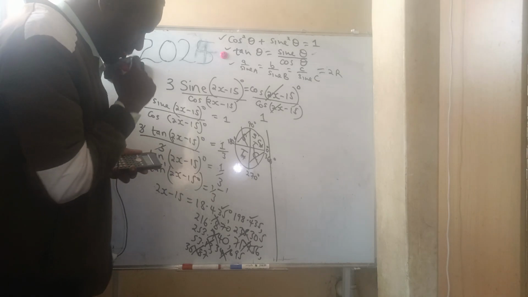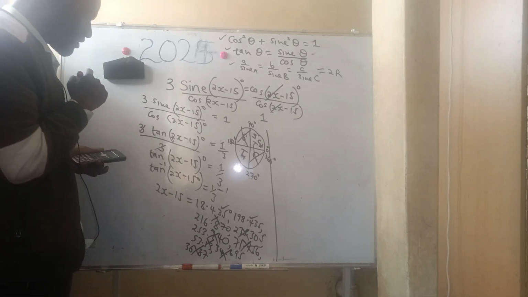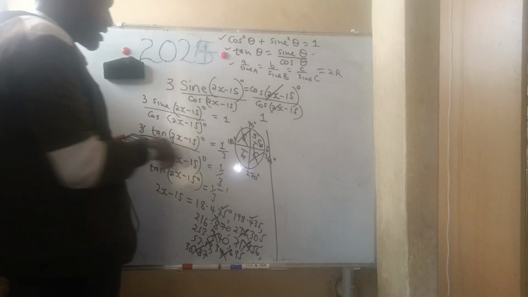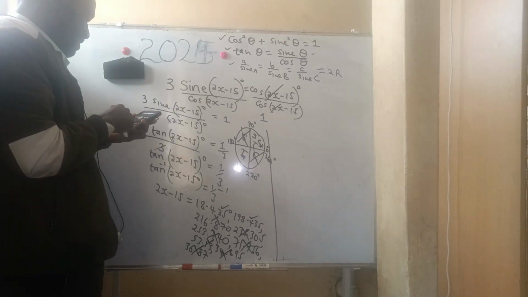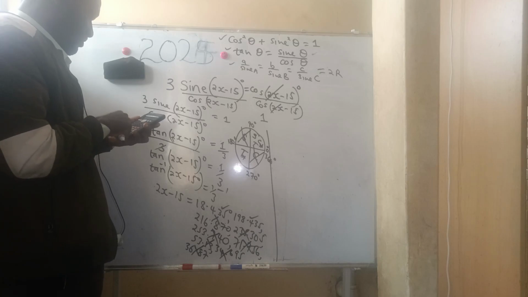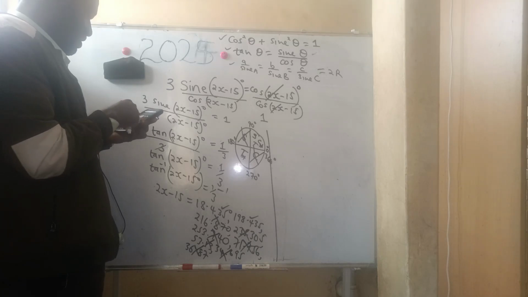So we have a possibility of getting two very important values in our case here, and of course we can even just come here and say 90 plus 18.435. 108. Okay, let's see. Tan of this answer.